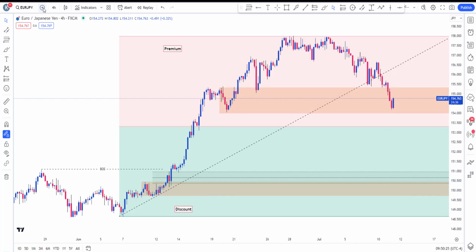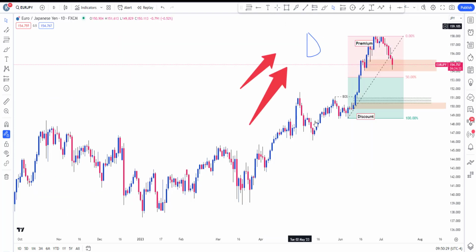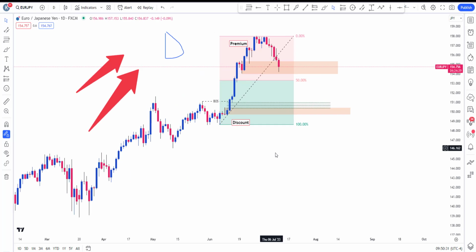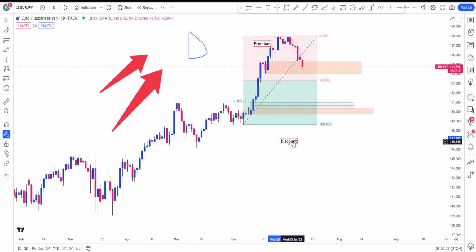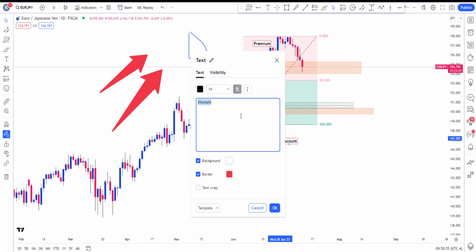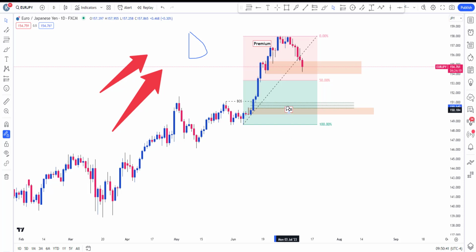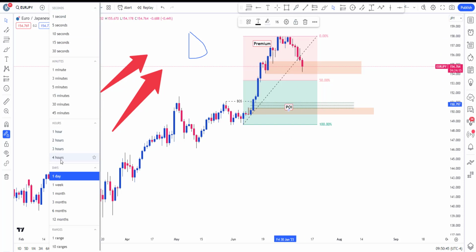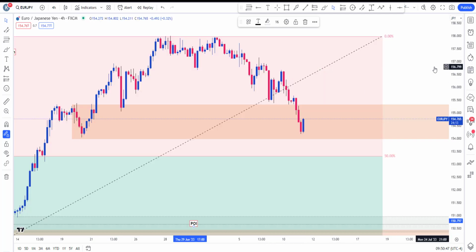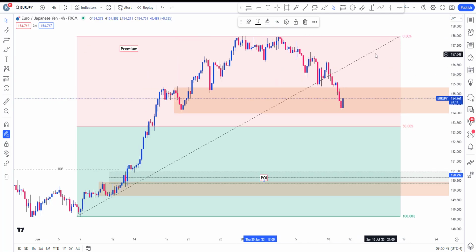Let me go back and put a label there, so you can have in detail everything I'm explaining. So our point of interest, let's say POI, is where price is going to, even though we don't know. And the 4-hour time frame is also giving us an idea that the market is crashing to that level.